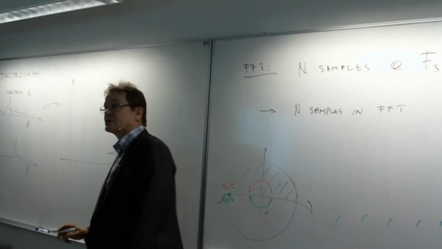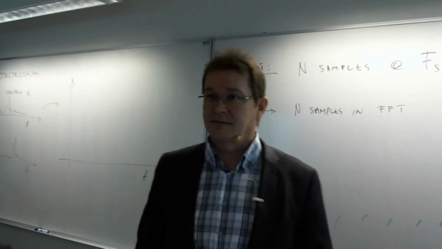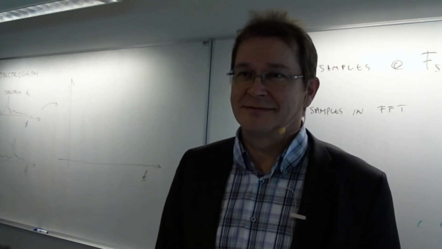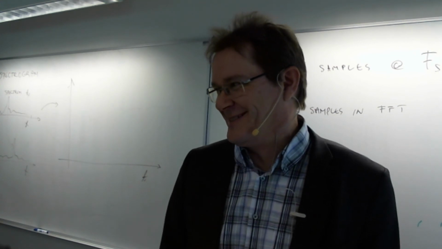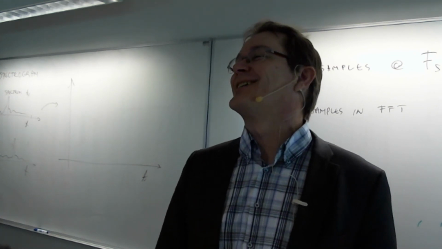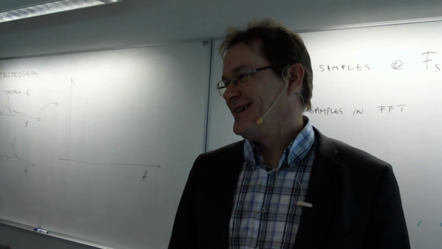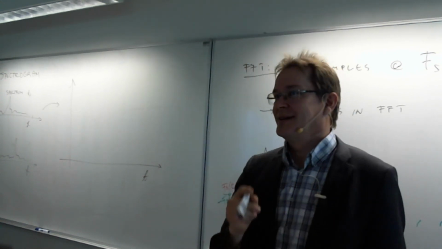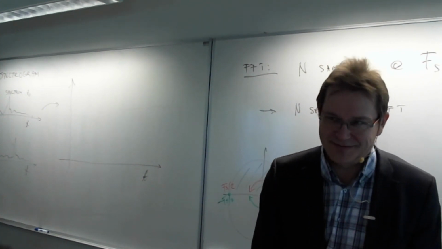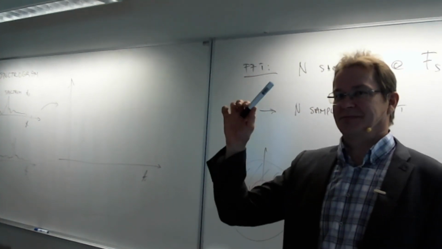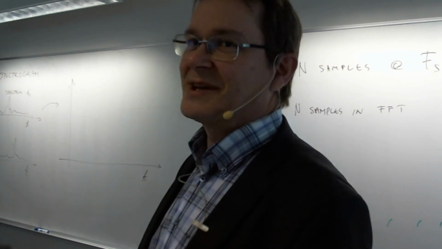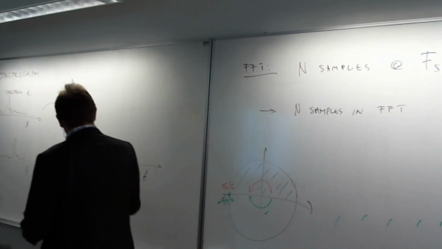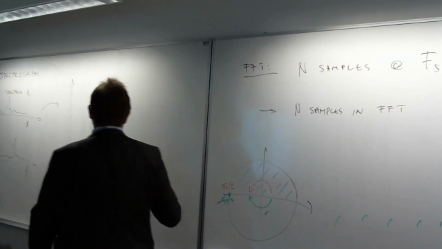Why does time go from left to right? Do you know why? Time Lord says so. Commonly, time is said to go from left to right in the Western world. Not everywhere in the world, but in the Western world, yes. That's the common way of doing it, from 0 to whatever the observation lasts.